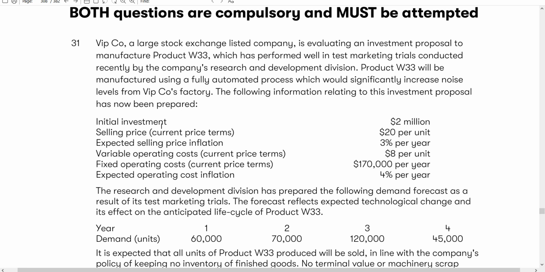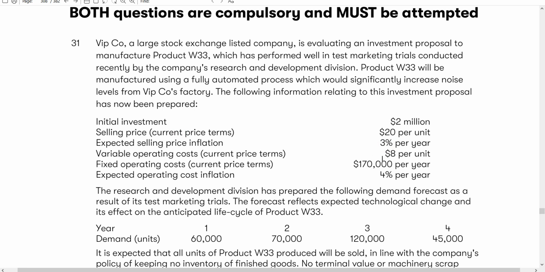Okay, initial investment 2 million, selling price $20 per unit in current price terms, so you have to inflate it. If it was nominal price, then you don't have to inflate it. Expected selling price inflation 3%, so this is for selling price.